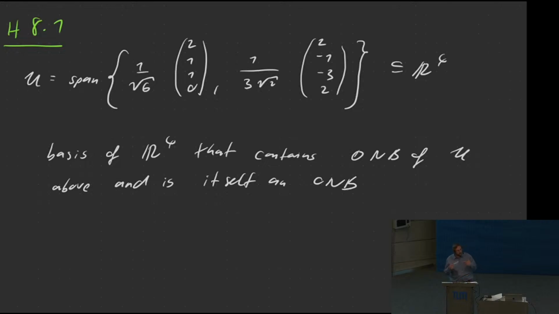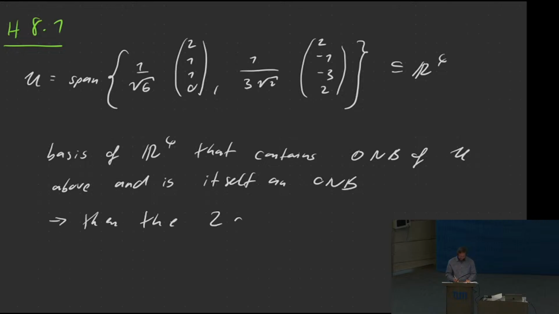That means we get 2 more vectors in that basis, and all 4 vectors are orthogonal. In particular, everything spanned by those 2 additional vectors will be orthogonal to everything spanned by the first 2 vectors, right? So those 2 additional vectors will span U orthogonal. And that's what we want.